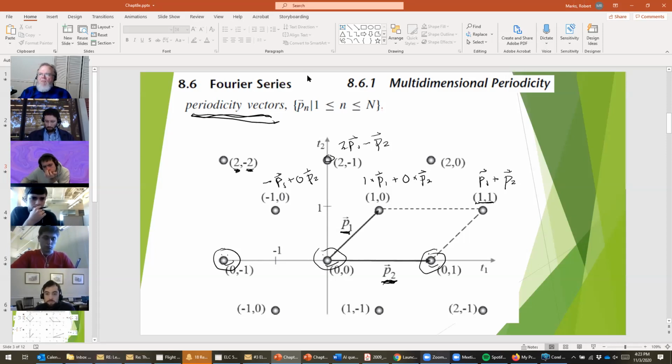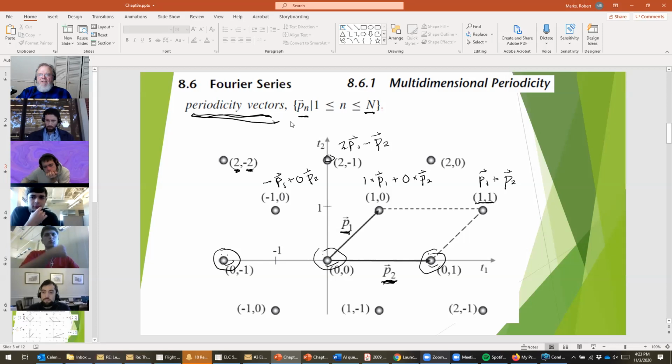In general, if we had n vectors, then each one of these periodicity vectors would be a vector of length n. So does that make sense? That's the replication of the periodicity.